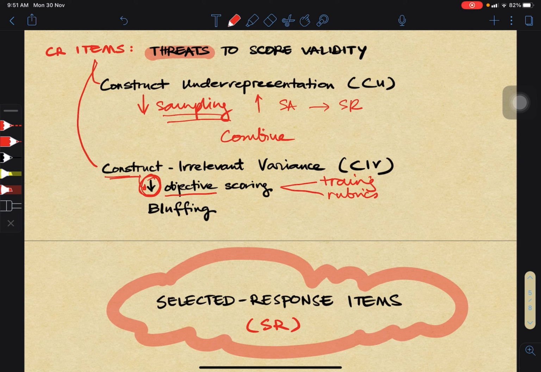Okay, and the author also reminds us of one other factor causing CIV, which is bluffing, and he gives a few examples of bluffing in essays. For example, restating the question. This is done by candidates who do not have any idea what to answer. They are lost. So instead of just handing in a blank piece of paper, they will write something.